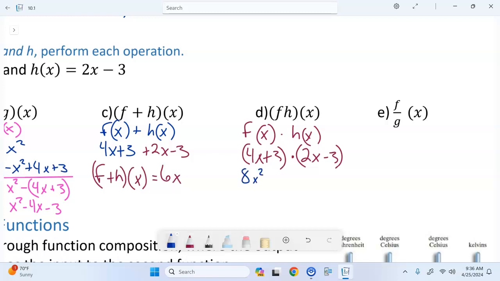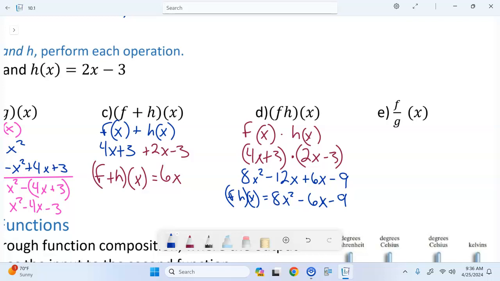Okay, 8x squared minus 12x plus 6x minus 9. Okay, any like terms to combine? Very good. 8x squared. Combine negative 12x and 6x to get negative 6x. And we end up with 8x squared minus 6x minus 9. So the distributive property applies even with combinations of functions.